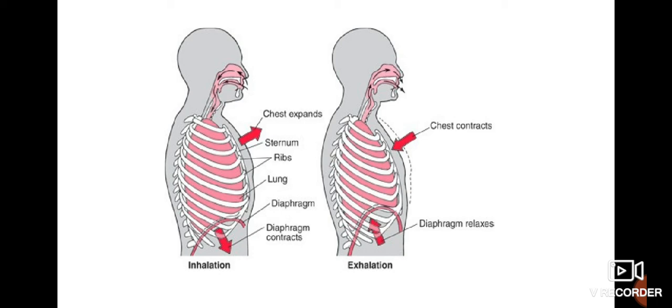As it contracts, it becomes easier for oxygen to get inside the body. In a similar manner, when exhalation takes place, the diaphragm is going to relax. As it relaxes, the chest cavity will contract, the rib cage will return to normal size, and thus carbon dioxide-rich air will go out of the body.